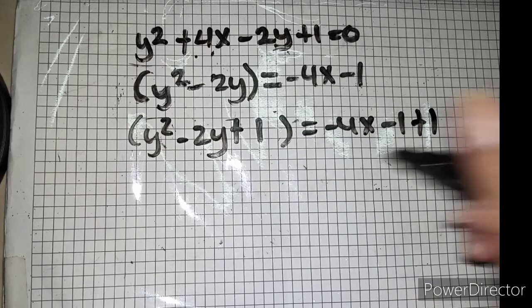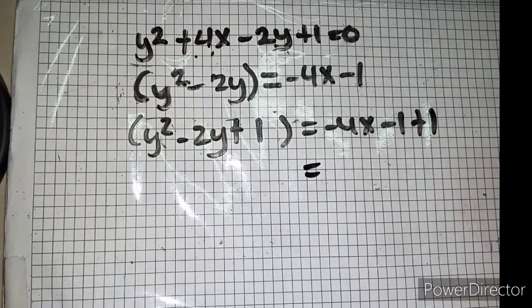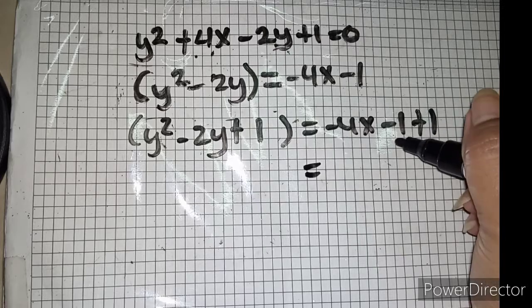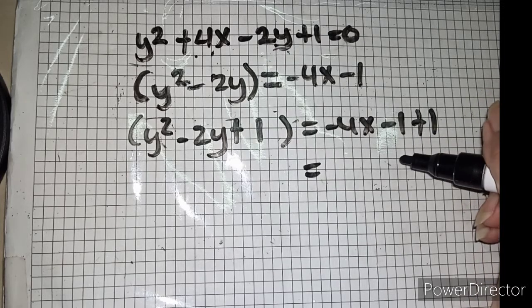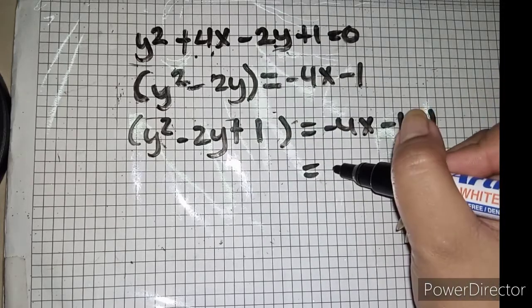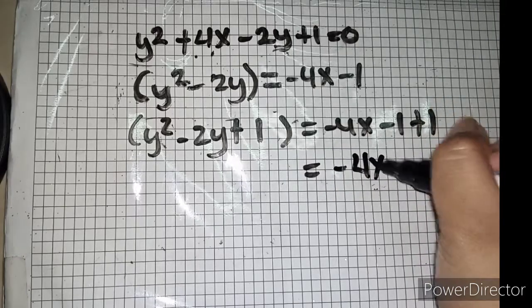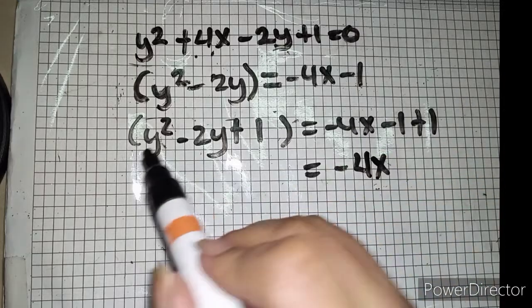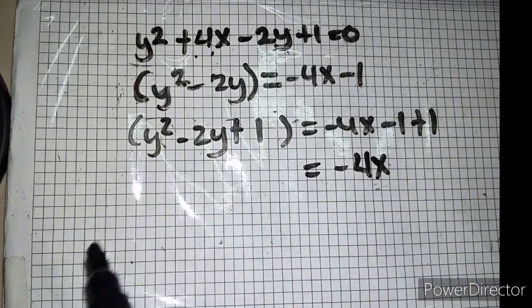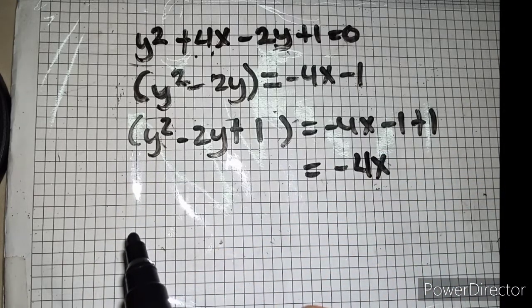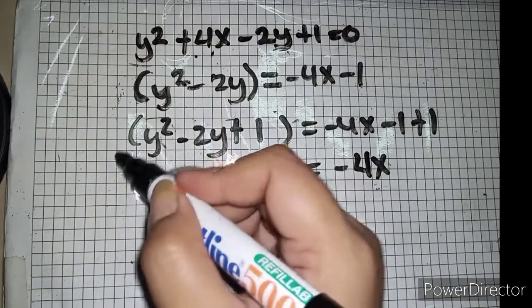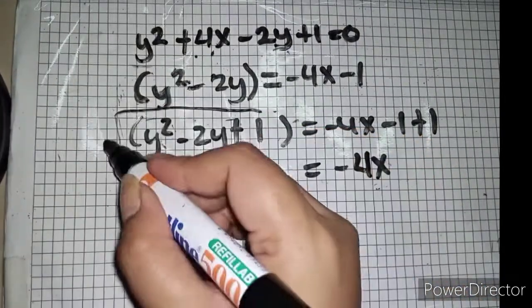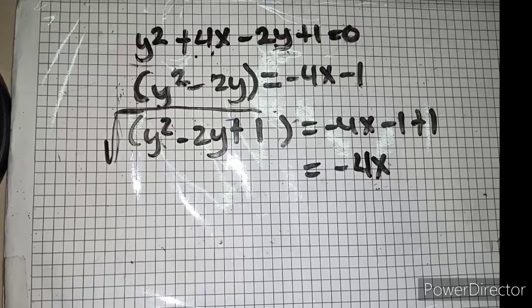Then, simplify natin. So, unahin natin yung nandito sa labas. So, we have negative 1 plus 1. So, 0 na yan. Makakancel. So, ang maiiwan lang ay si negative 4x. Then, itong in-isolate natin, paano natin siya isi-simplify? So, we're going to get the square root nung perfect square trinomial natin.